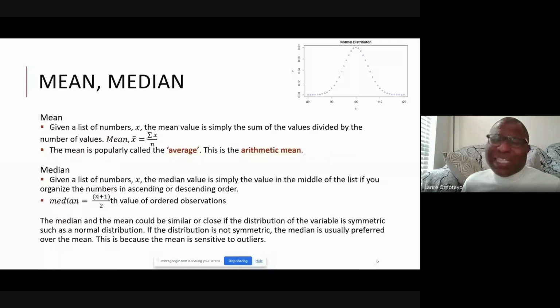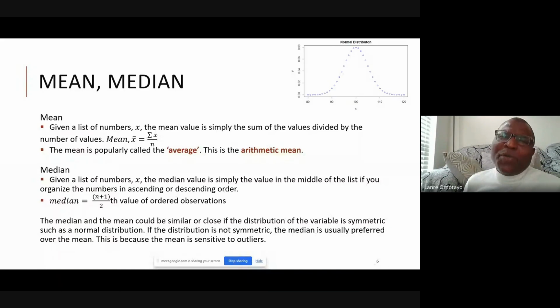So when people ask you about an average, you need to be very precise. The precise question is, are you asking for the mean, the median, or the mode?